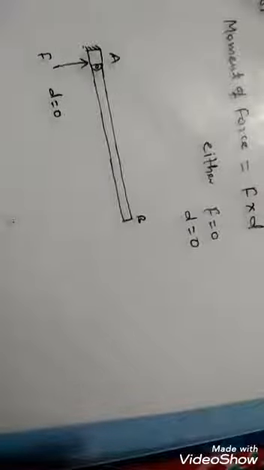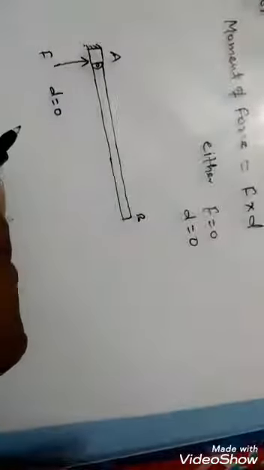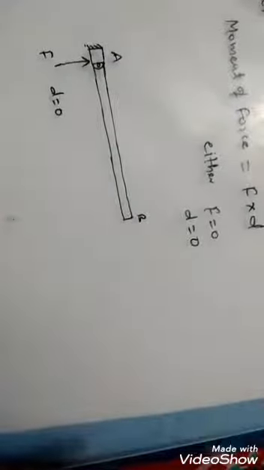And d will be 0 when force is applied at the hinged end or pivoted end of the body, then the moment of force will be 0.